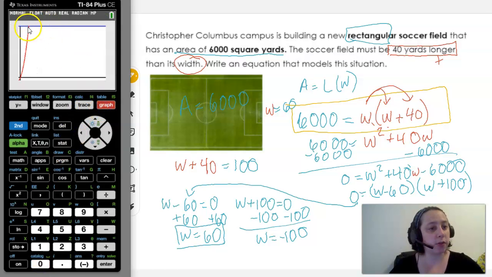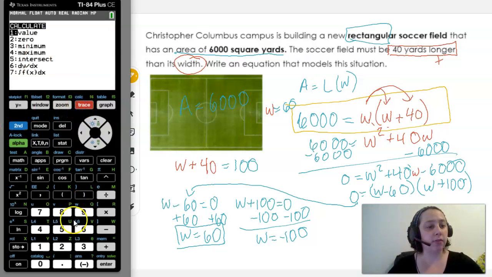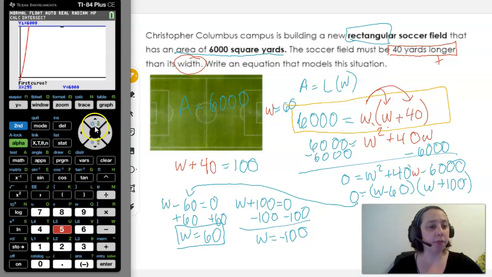Now I see this intersection point. So here is my intersection, and now I need to find it. I press second, trace, 5, and move to that intersection point.